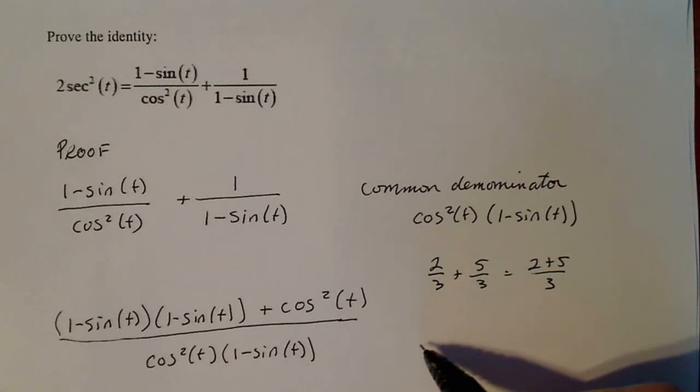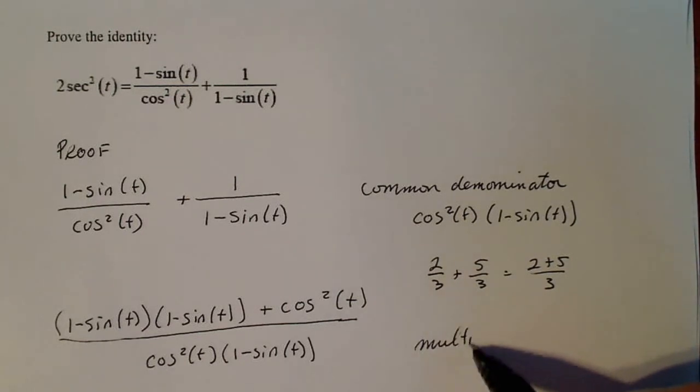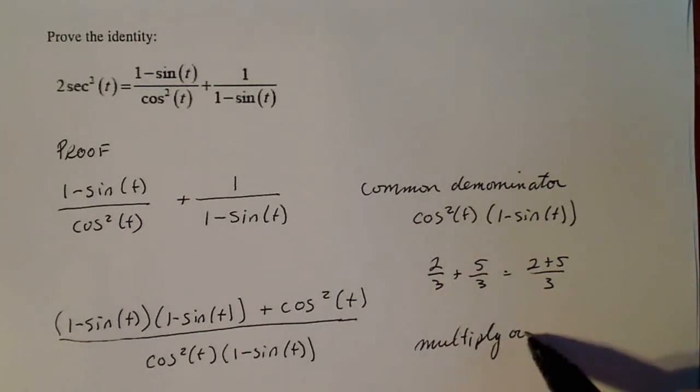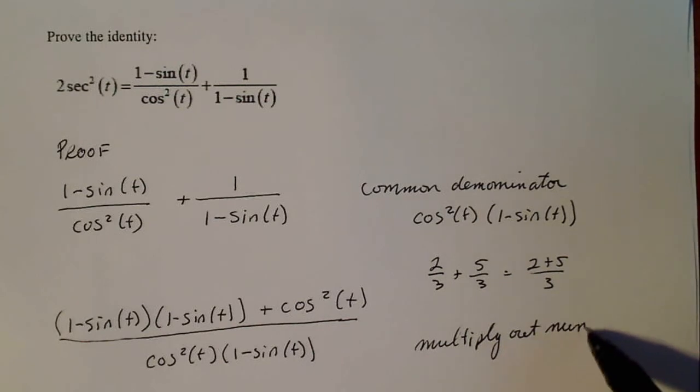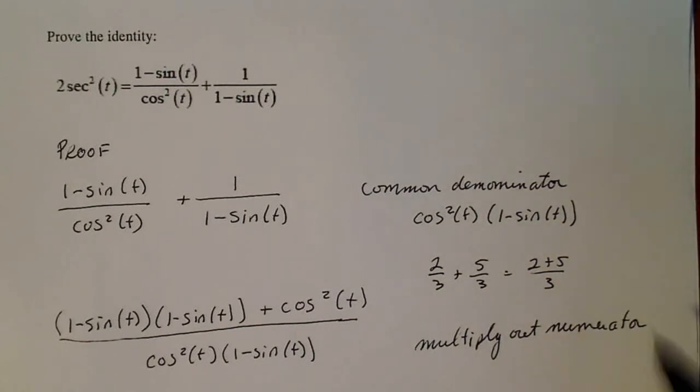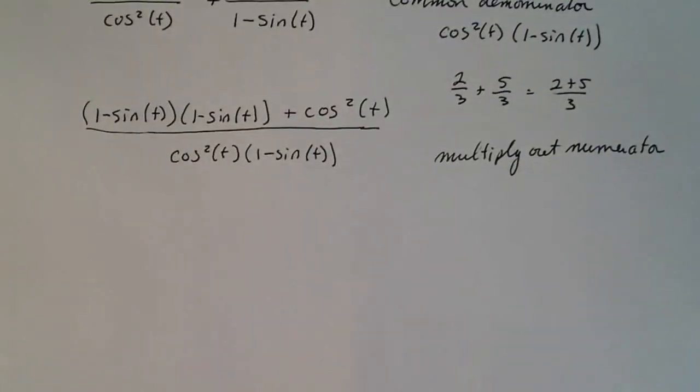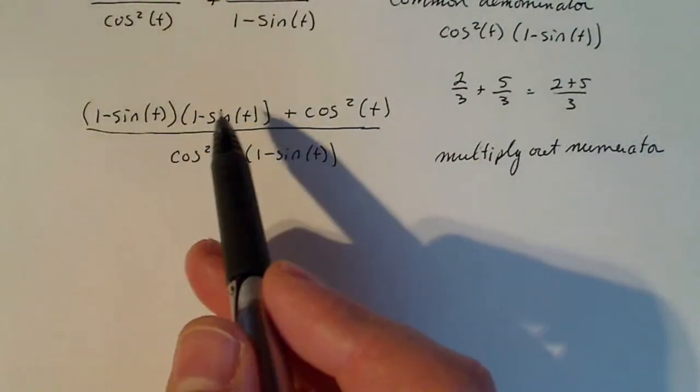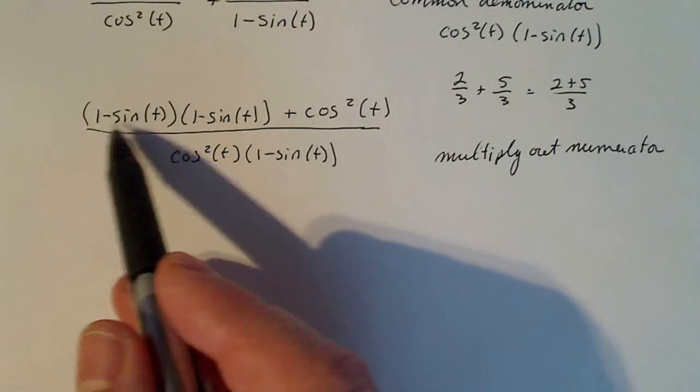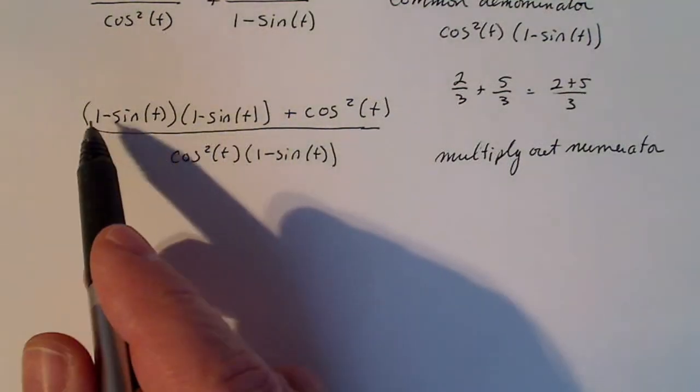All right, now what I'm going to do is multiply out the numerator and simplify. Let me scroll this up a little bit. In order to multiply this out, I have to use the distributive property, or commonly known as FOILing.